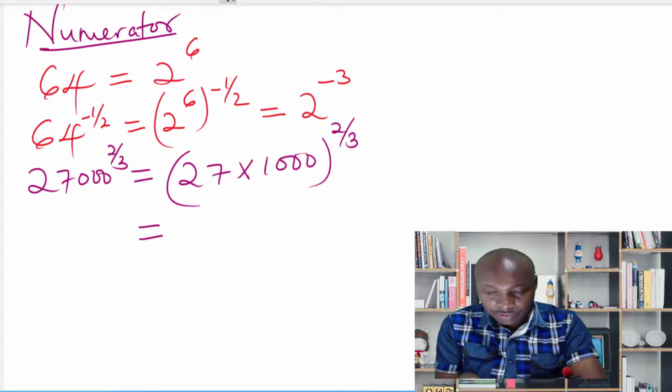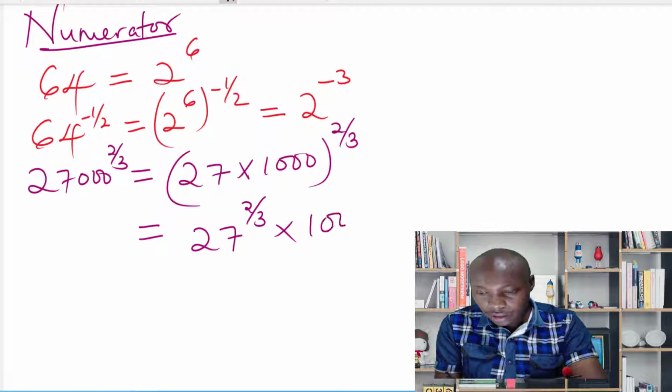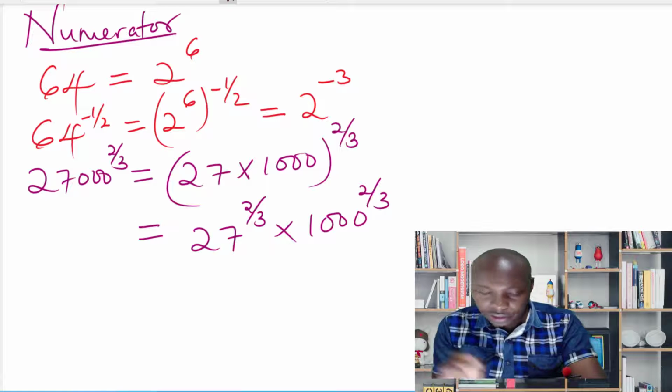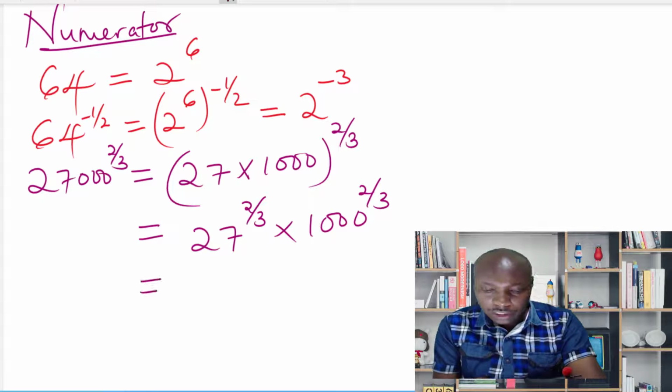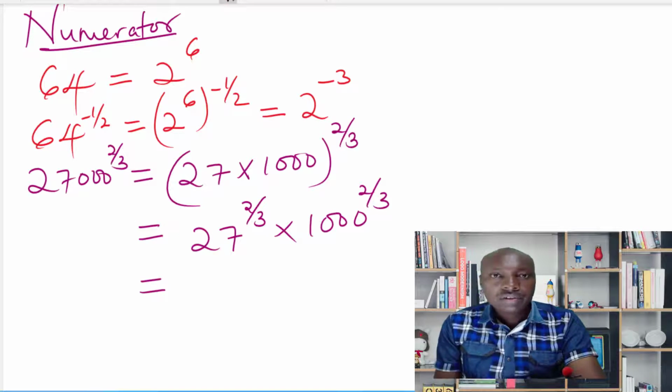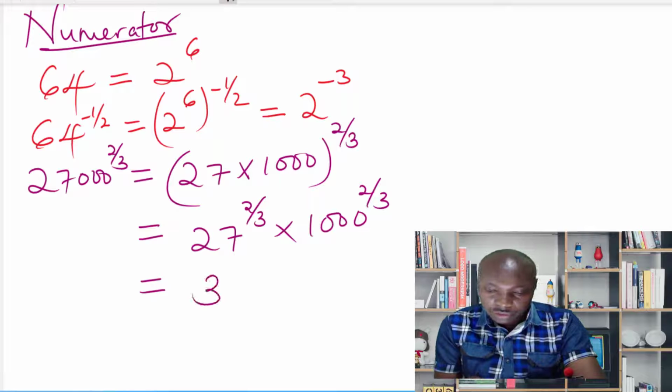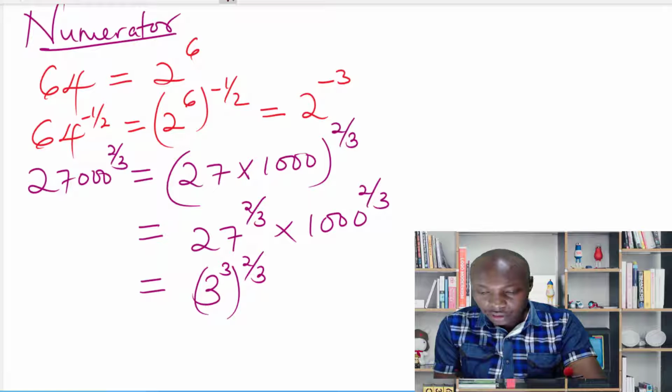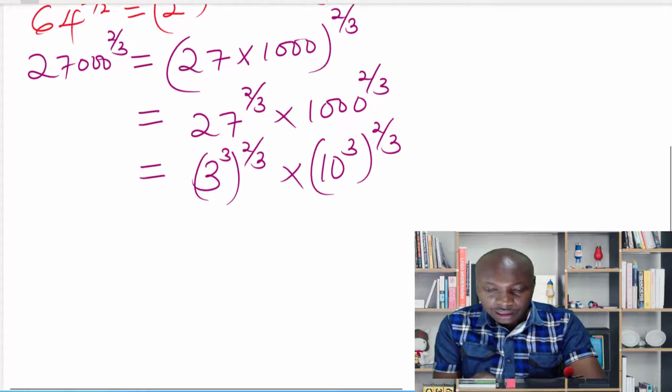This is equivalent to 27 raised to power 2/3 multiplied by 1,000 raised to power 2/3. And we can go on and simplify this. 27 written to the base of 3 is 3 cubed, then we raise that to 2/3, multiplied by 1,000, which is 10 cubed, and then we raise this to power 2/3.